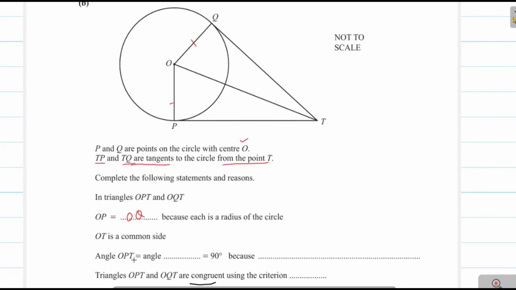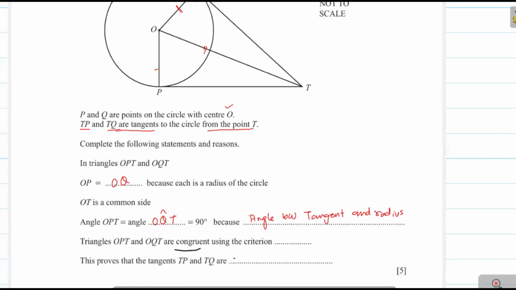And next is the angle OPT. This angle is equal to angle OQT, because the angle between tangent and radius is a right angle. Now we write here because the angle between tangent and radius. And next, triangles OPT and OQT are congruent.